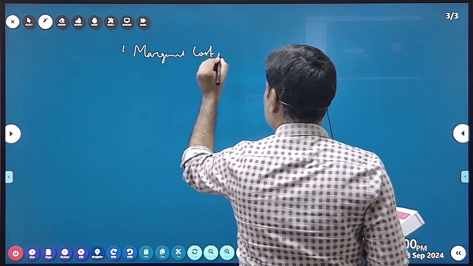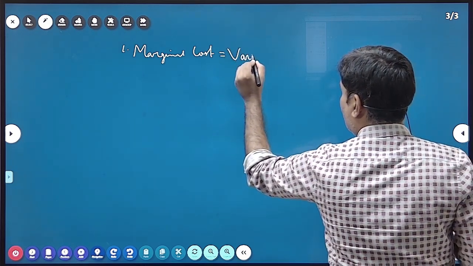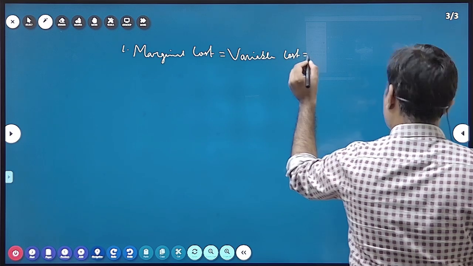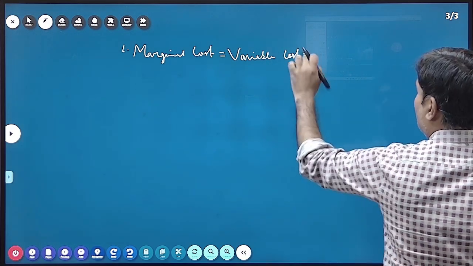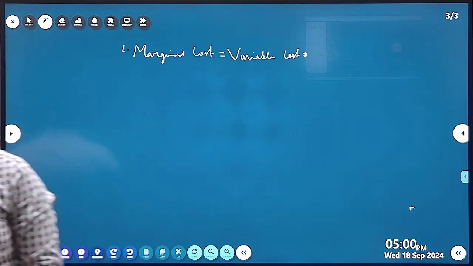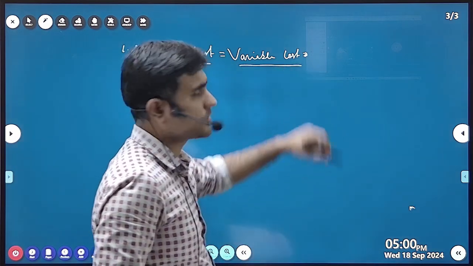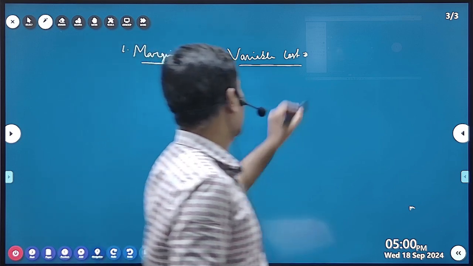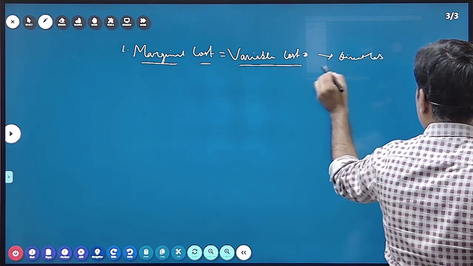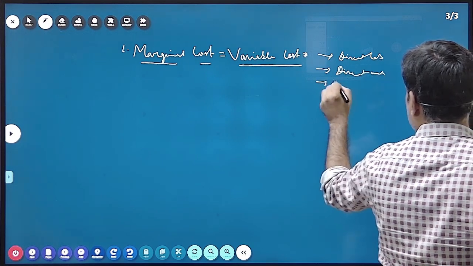Marginal cost equal to variable cost. So whenever we are speaking of marginal cost in this chapter, we mean only variable cost. Variable cost may be direct labor, direct material, and other direct cost.